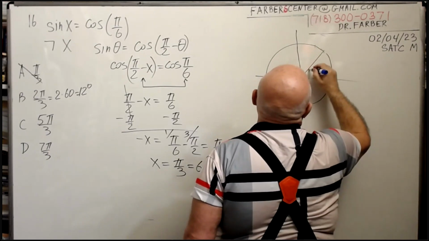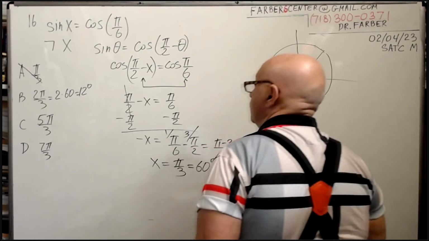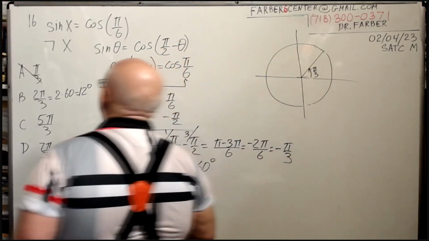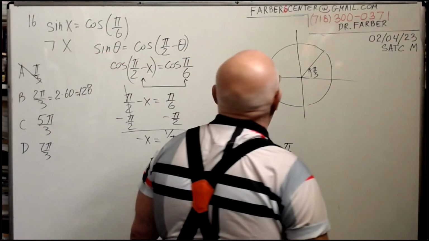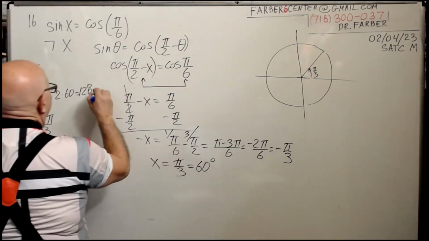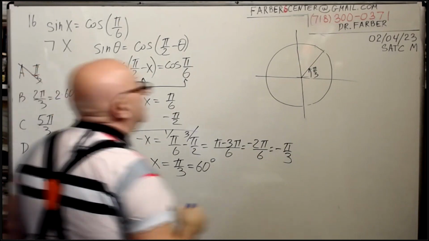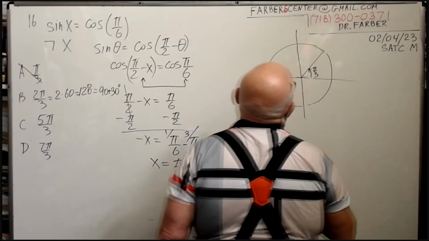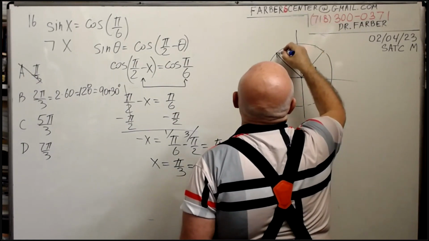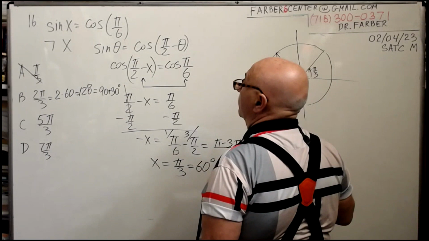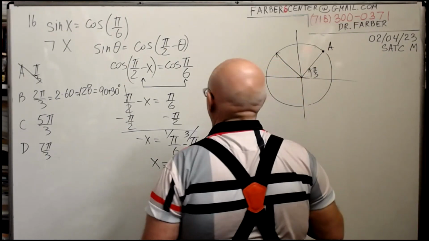So this is pi over 3. 2 pi over 3 is 120 degrees. What is 120? 120 is 90 plus 30. And 90 plus 30 is this one. And this is 2 pi over 3. This was A. And this would be B.